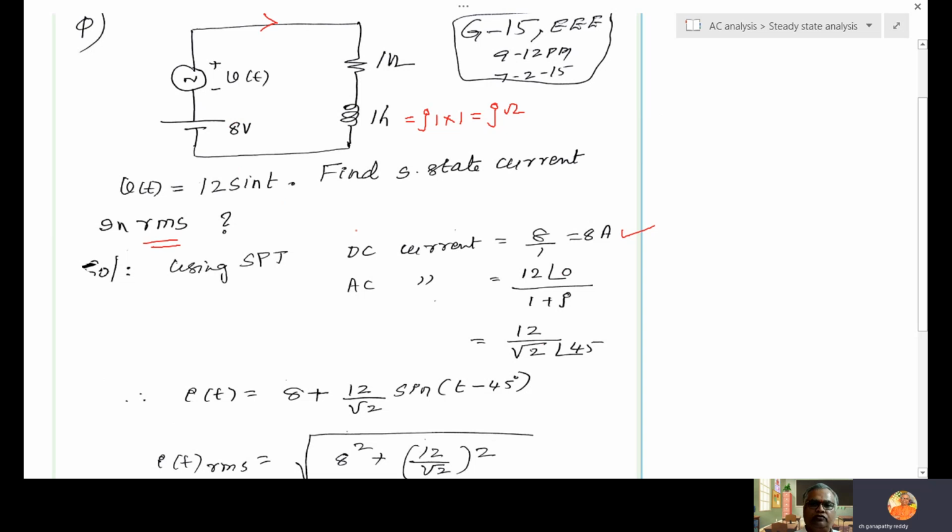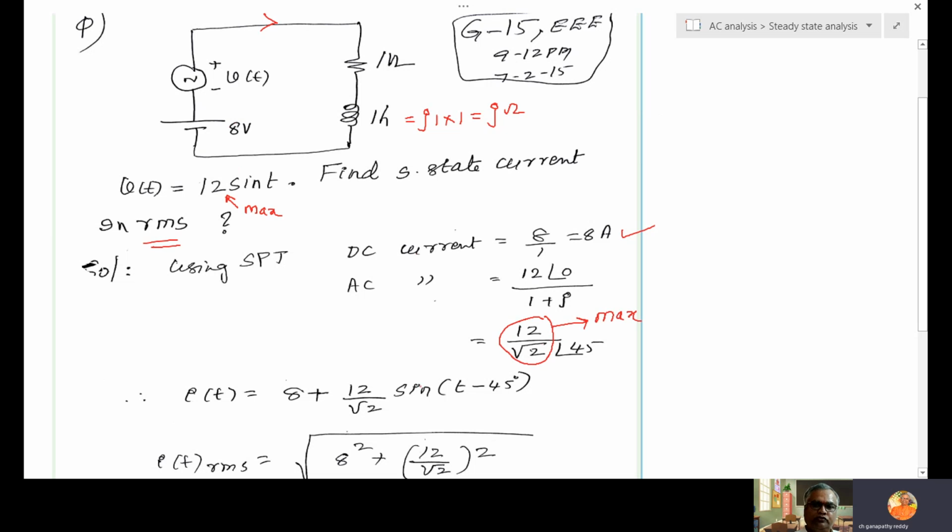But remember, don't make this kind of mistake. What is this 12? Maximum. And here I have written 12 angle 0, so that means this 12 is also in maximum. The end result is also in maximum.